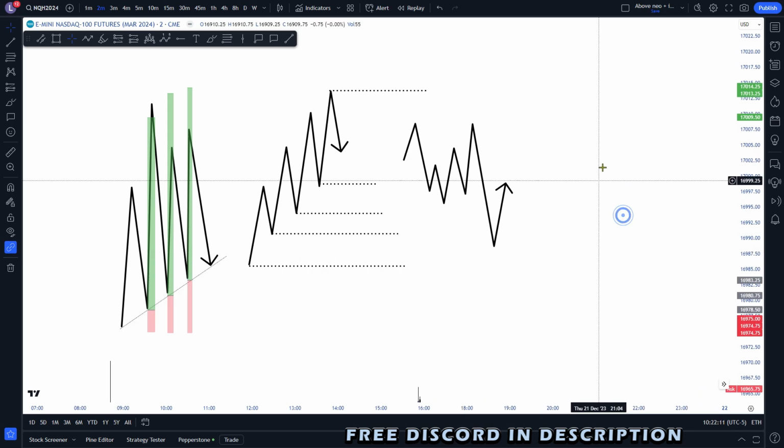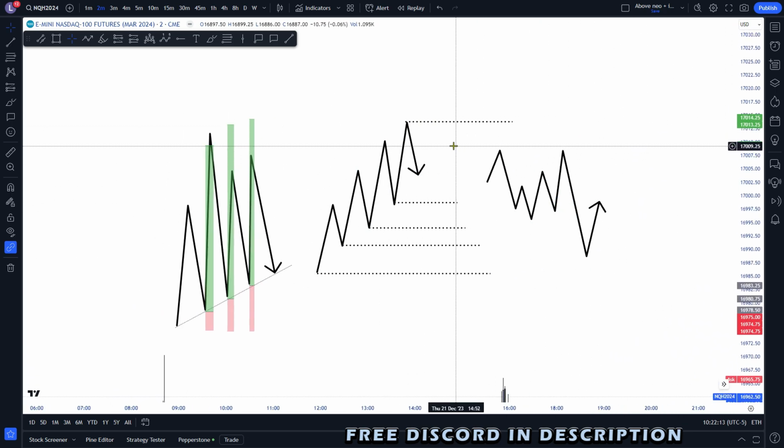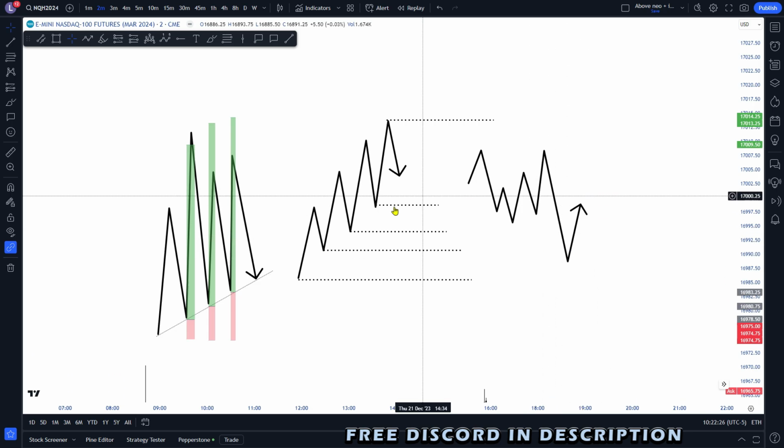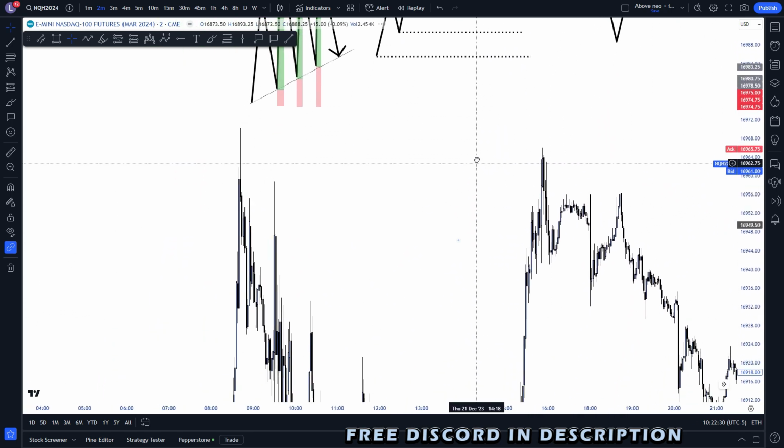Okay, so just keep that in mind when you're trading. You want to always check the higher time frames, check if there are equal highs on the higher time frames, because if there are equal highs on the higher time frame as well as the lower time frame, then you are most likely just recognizing a lot more liquidity in the market.